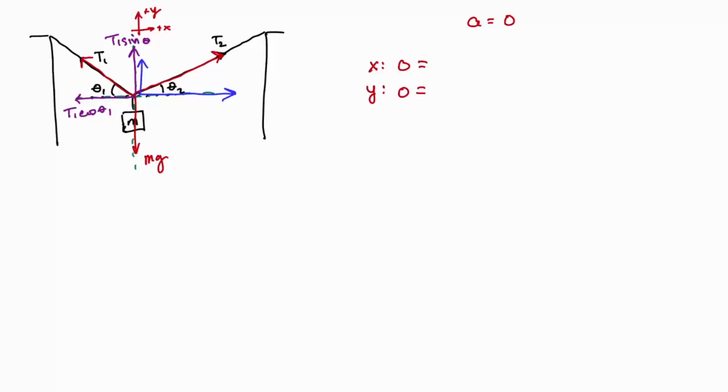All right, for the blue ones, x component, is it touching angle theta 2? Here's theta 2. Here's the angle. Is it touching? Yep. So T2 cosine theta 2. Good. And then this one will be T2 sine theta 2.